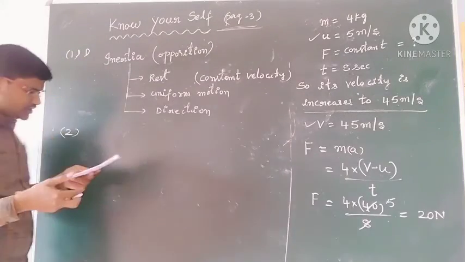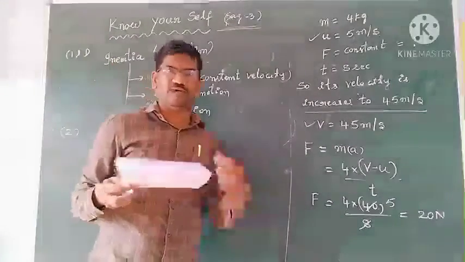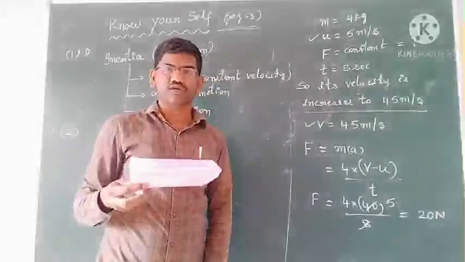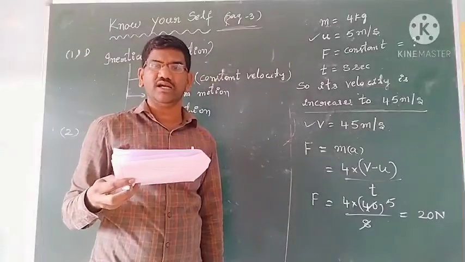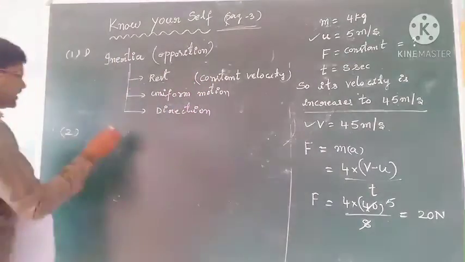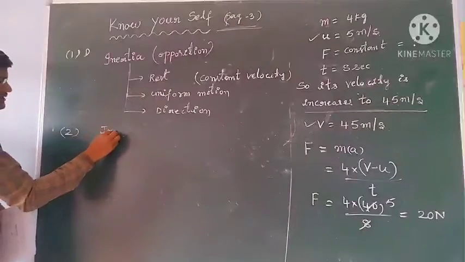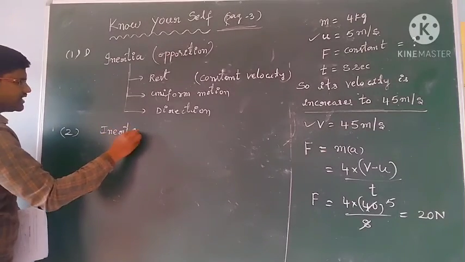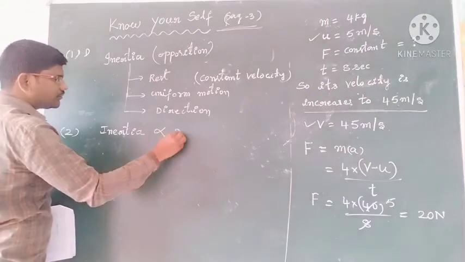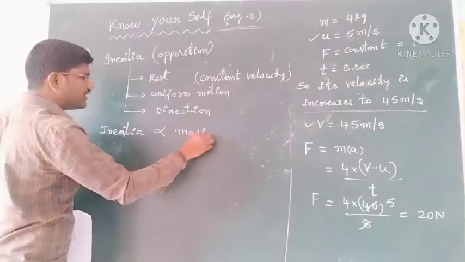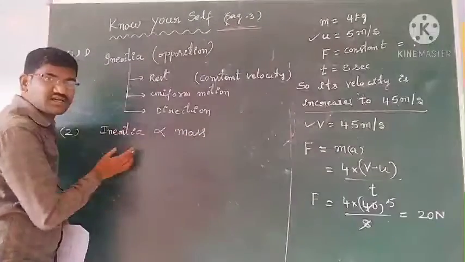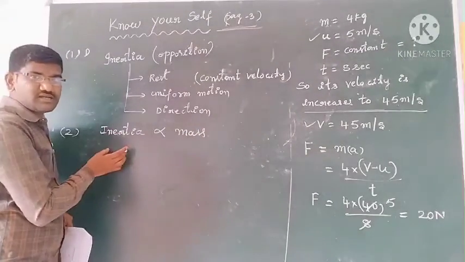Now second question, you see students, inertia of a body directly depends on its mass. So we know that inertia is directly proportional to mass. So greater the mass, greater is the inertia. Less the mass, less the inertia.